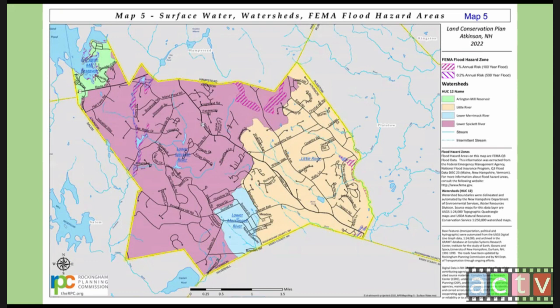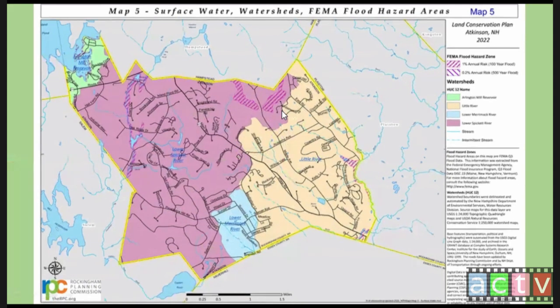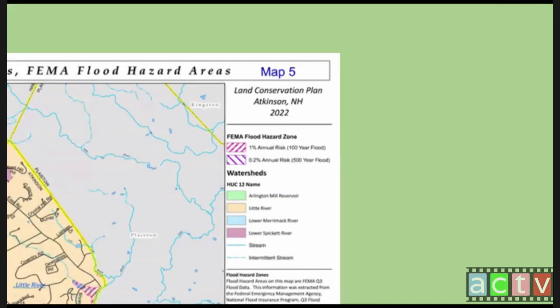FEMA flood hazard areas are these little cross-hatched areas. In the legend, flood hazard areas are represented by cross-hatched markings, watersheds are indicated by colored areas, streams are solid lines, and intermittent seasonal streams are indicated by dashed lines.